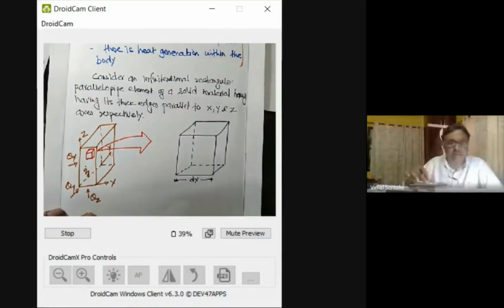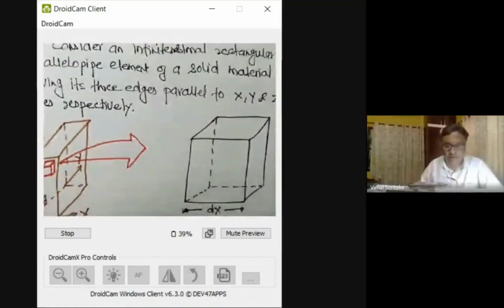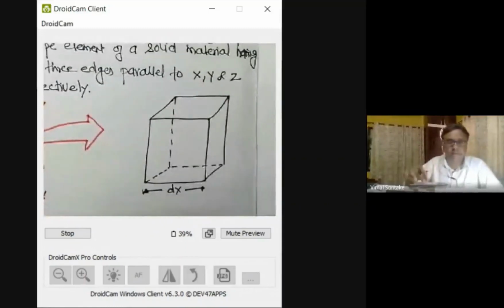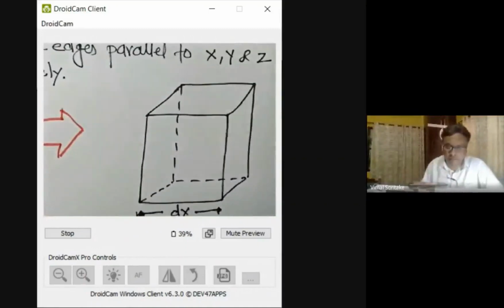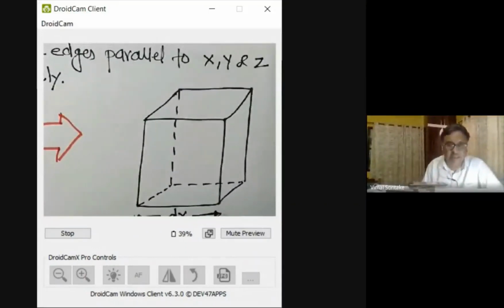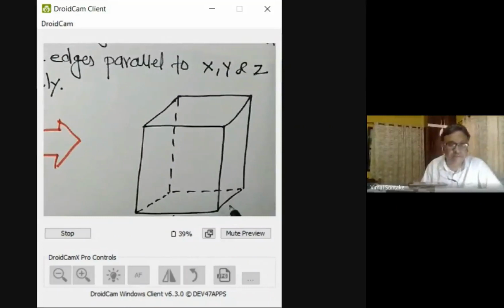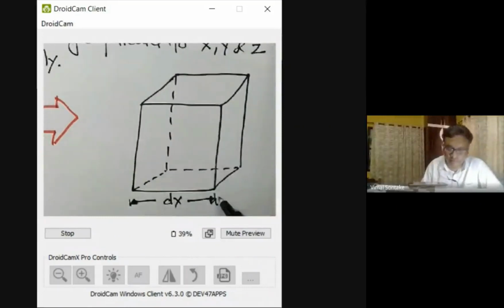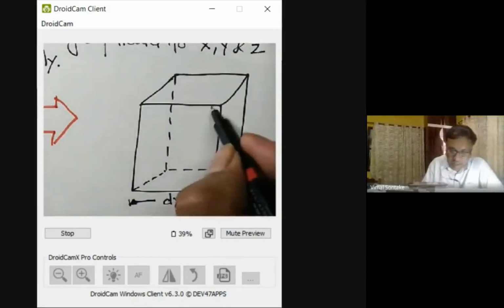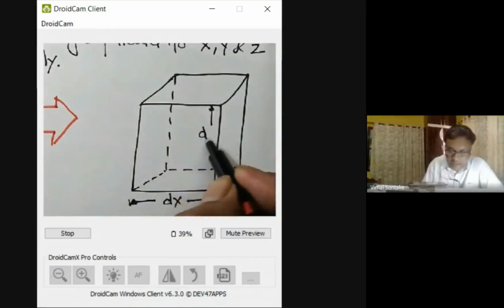Let me enlarge this. dx in the x direction, dy in the y direction, and dz in the z direction.